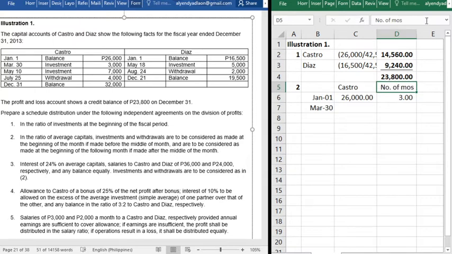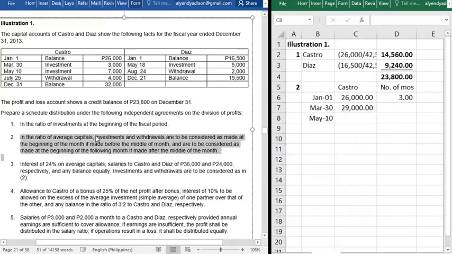Next, on March 30, from 26,000 there is an investment of 3,000. So this is already 29,000. Now, the next change of the balance is on May 10. How many months is that? Take note, class, again, that investments and withdrawals are to be considered as made at the beginning if made before the middle of the month. The middle of the month is 15.